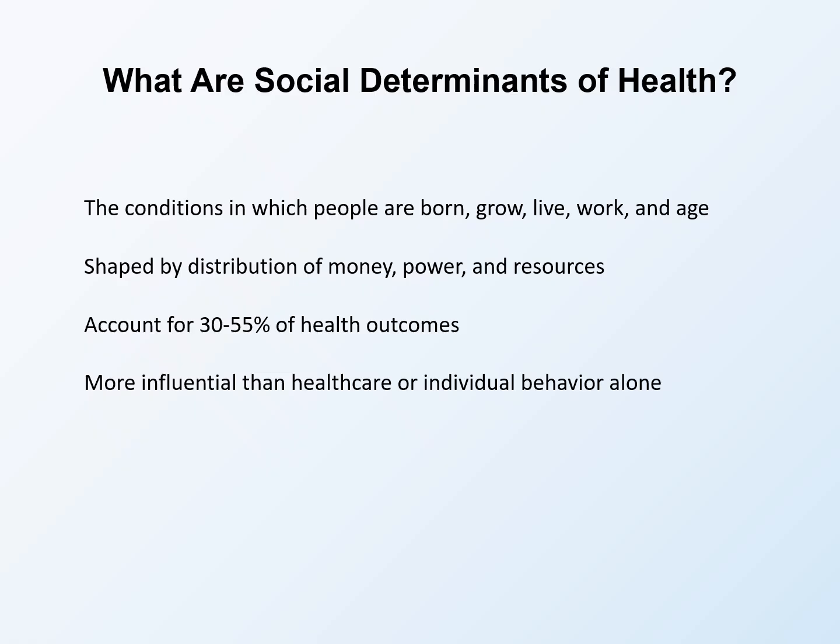Think about that. We spend enormous resources on healthcare and behavior change programs, while the conditions that most strongly influence health outcomes often go unaddressed. This isn't because we don't care, it's because addressing these factors is hard, it's political, it requires working across sectors, it challenges existing power structures.